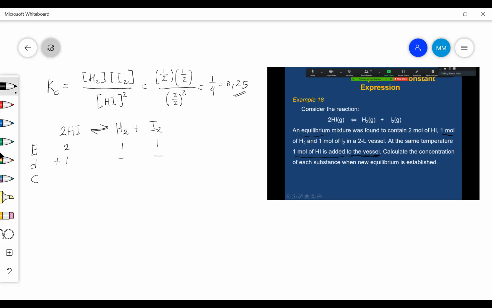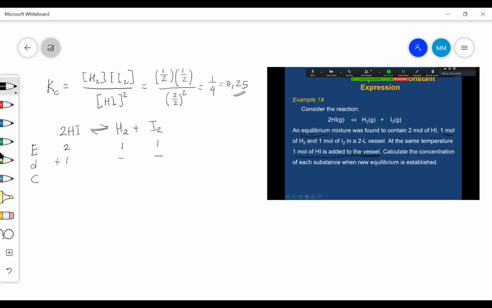Now, my question is, when we add 1 mole of HI, which side will the reaction shift to? To the right, to the product, isn't it? Yes, because I add the reactant, so it will shift to the product.